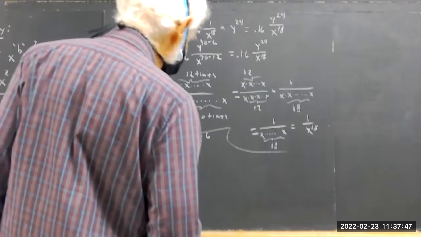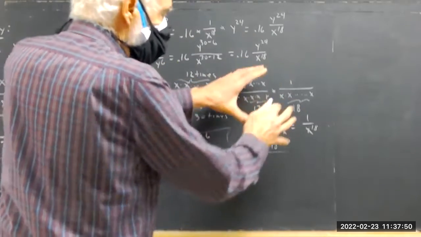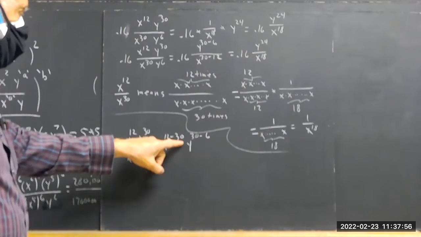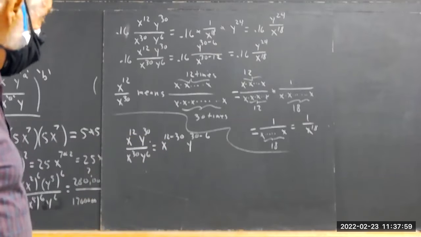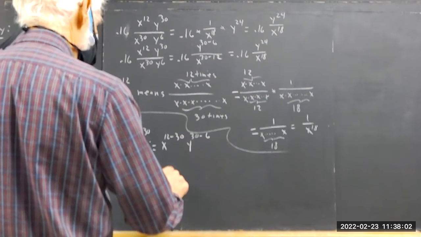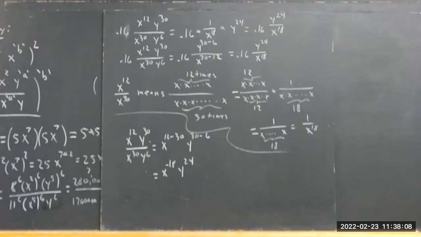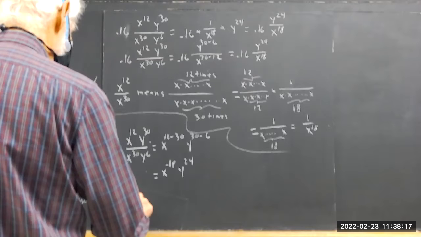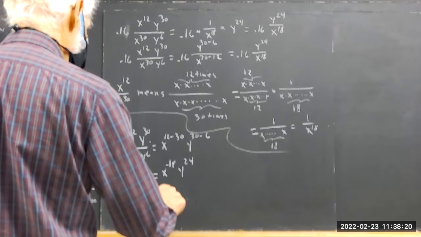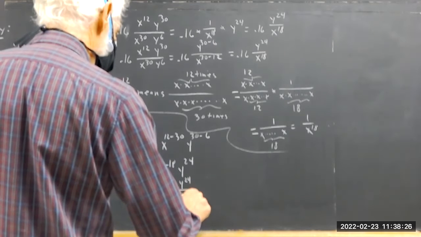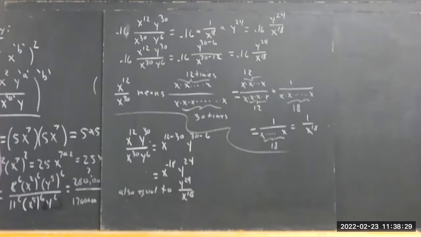Now 12 minus 30 is a negative number, so you can't really visualize it like this. But the rule works because of this. If the rule is going to be consistent, you should be able to subtract the larger from the smaller. We could write this as x to the negative 18th, y to the 24th. But it's also equal to y to the 24th over x to the 18th, right?